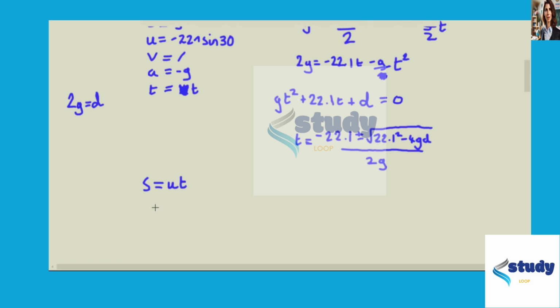multiplied by t. So this is simply equal to 22.1 cosine of 30 multiplied by negative 22.1 plus the square root of 22.1 squared minus 4 g d, all over 2g.